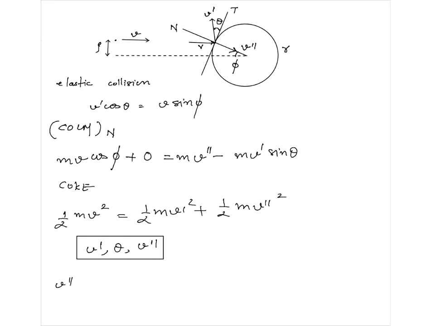V double dash should be V by R under root R square minus rho square. Then V dash is V times rho by R, then theta. It appears that theta is 0.